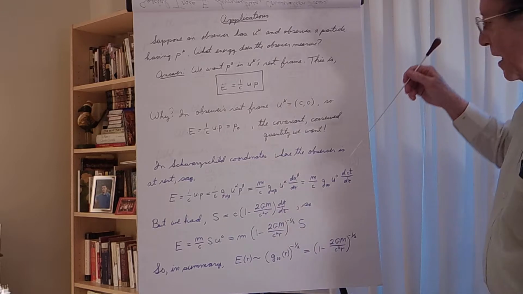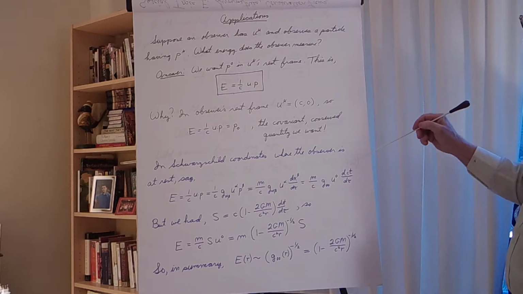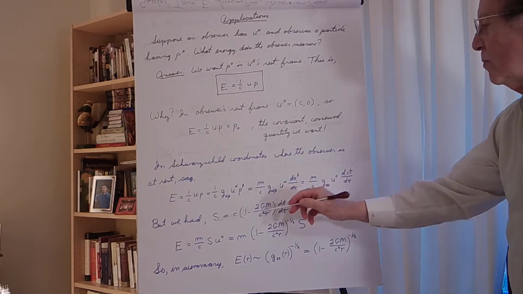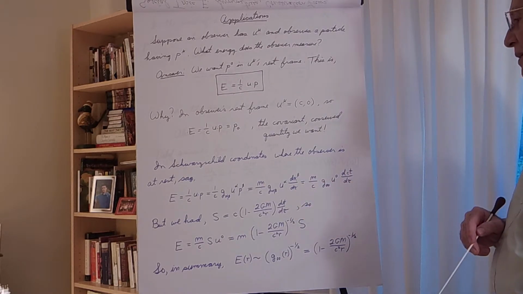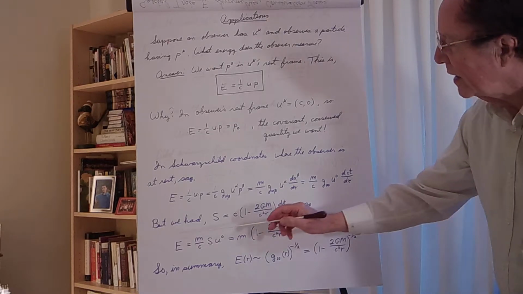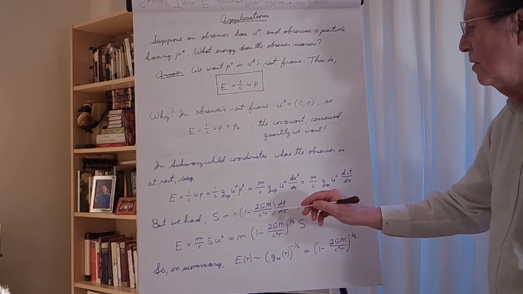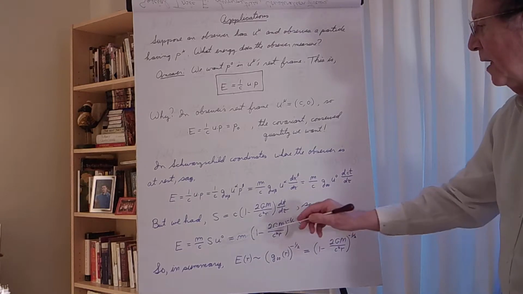But you see, that's the kind of thing which I just calculated. Here's g00, here's dt d tau. Well, that's just my invariant S that we just had when we were thinking about Killing vectors. So I can write the energy of the particle in terms of the conserved quantity S in this way.